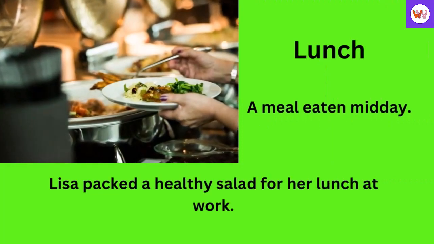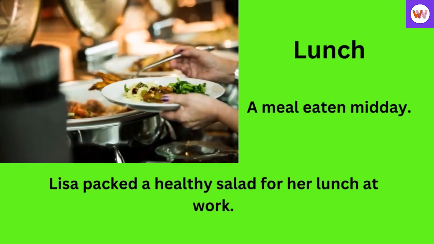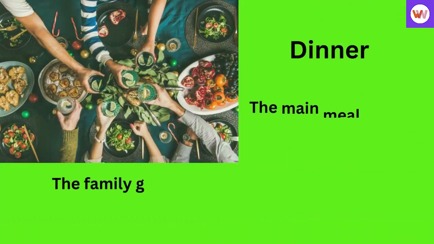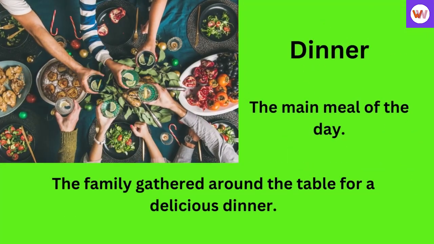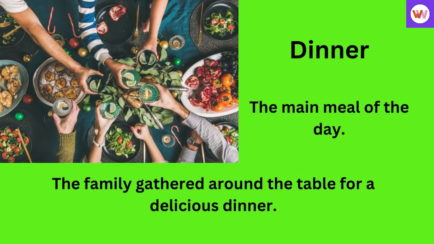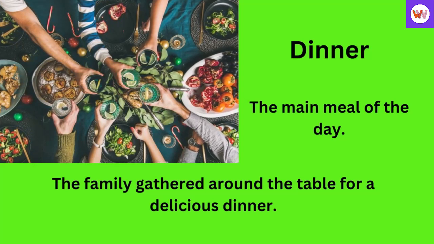Lunch. A meal eaten midday. Lisa packed a healthy salad for her lunch at work. Dinner. The main meal of the day. The family gathered around the table for a delicious dinner.